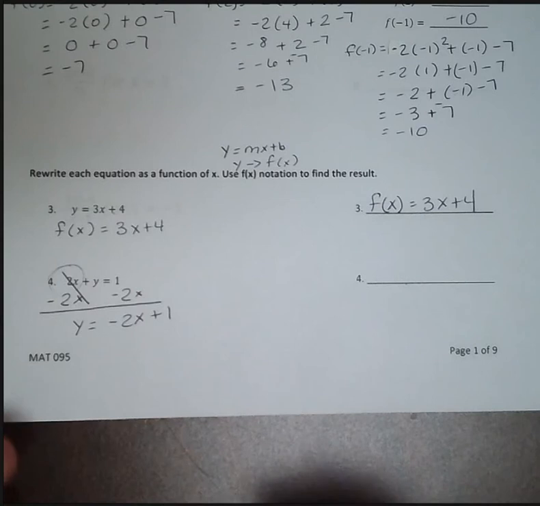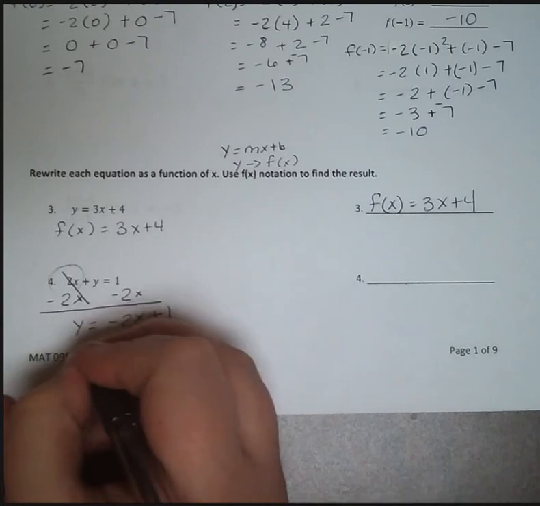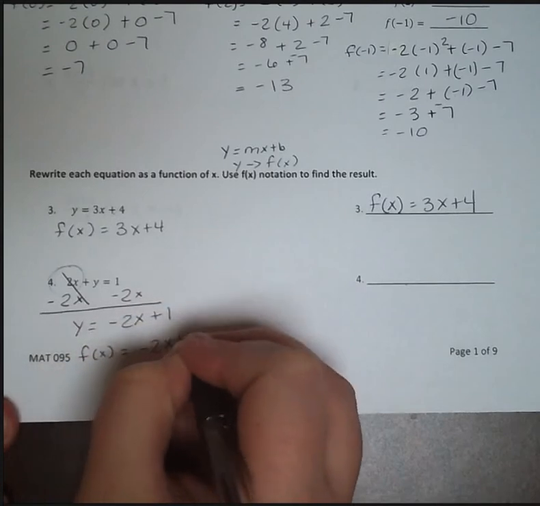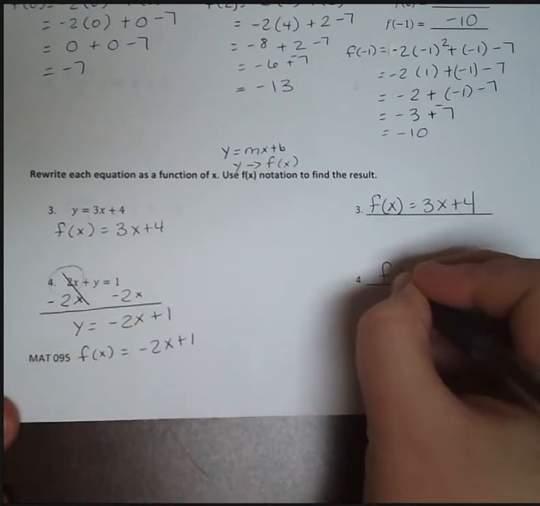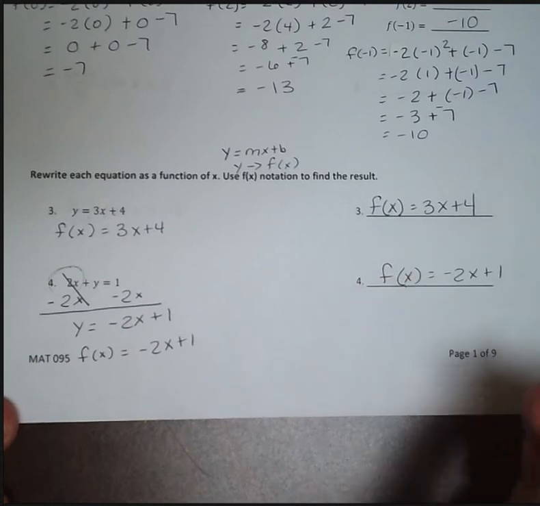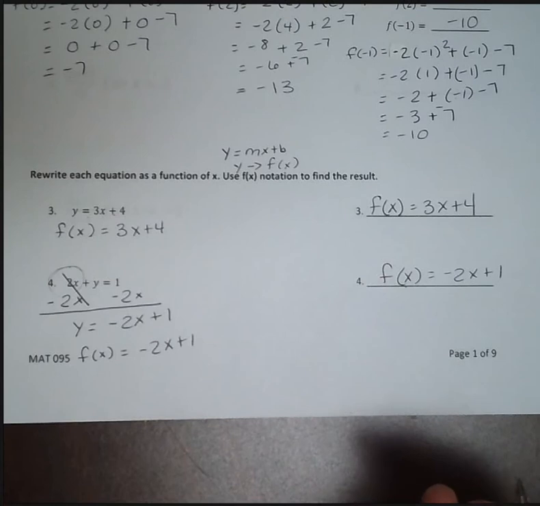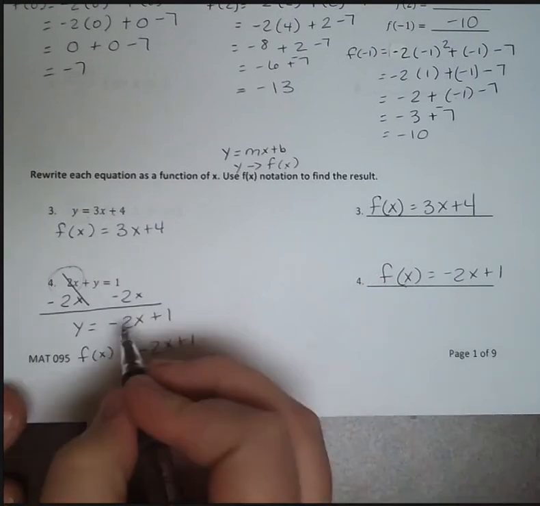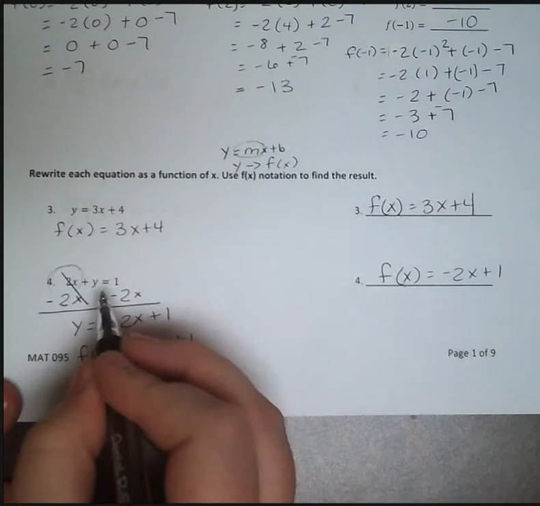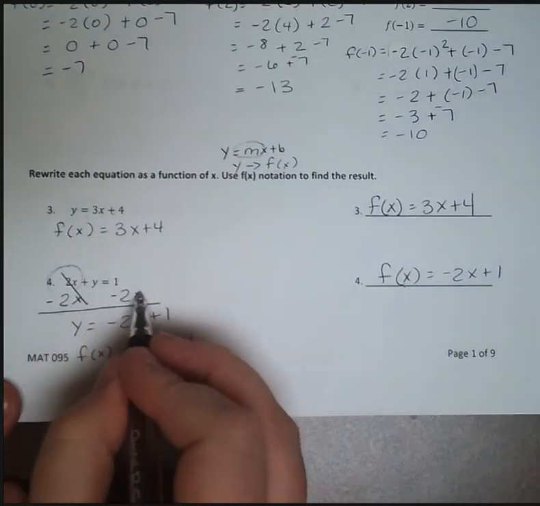So now to the next step, you replace your y with f of x. So your answer is f of x equals negative 2x plus 1. And remember, the negative 2x comes first because in your equation it says your mx is right next to the equal sign. So that's why we put it there.